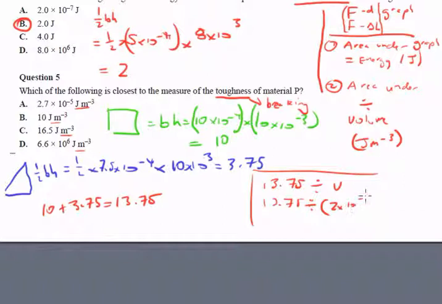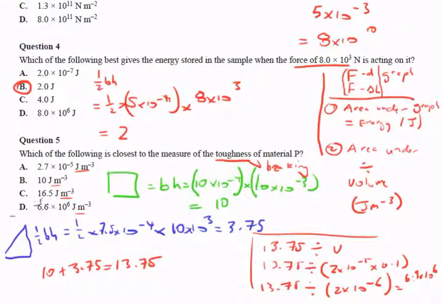Doing those two in the brackets first, it's 13.75 divided by 2 by 10 to the minus 6, which equals, my calculation gave me 6.9 by 10 to the 6. And the closest one we have is 6.6 by 10 to the 6. So there's my answer, D.